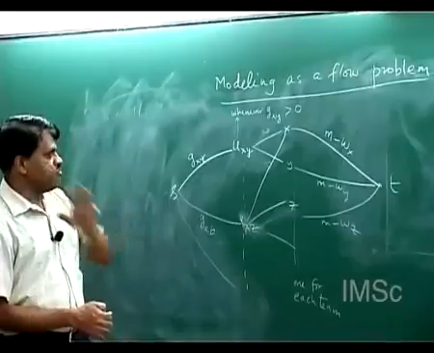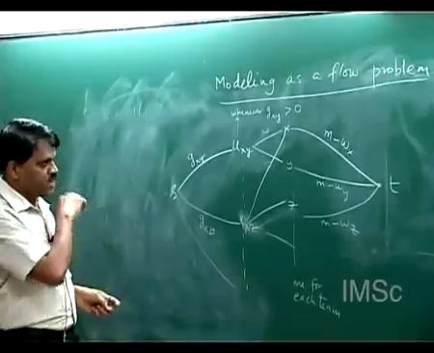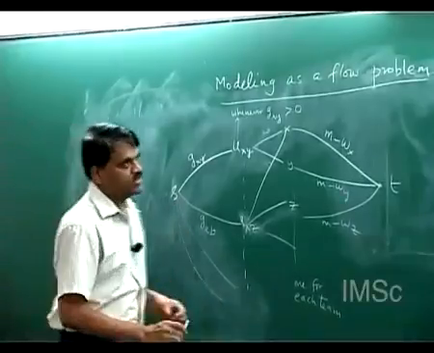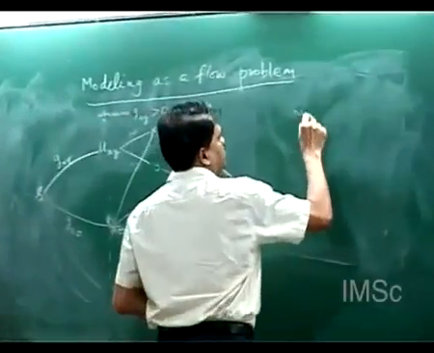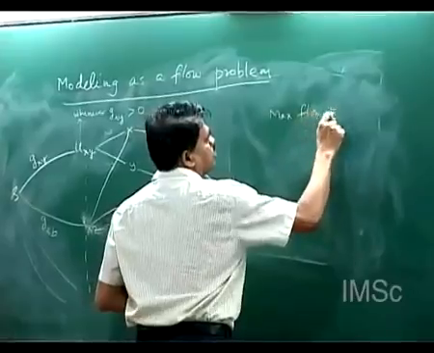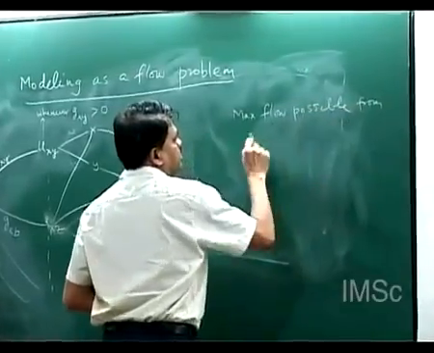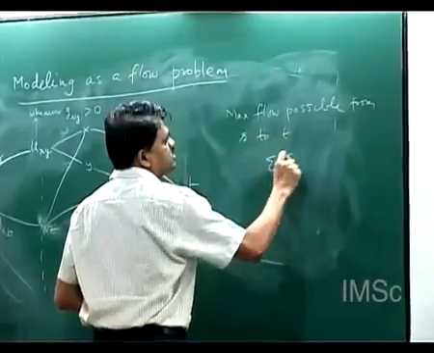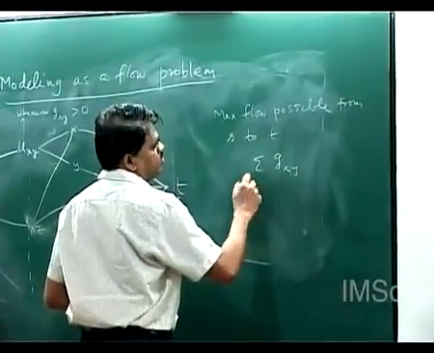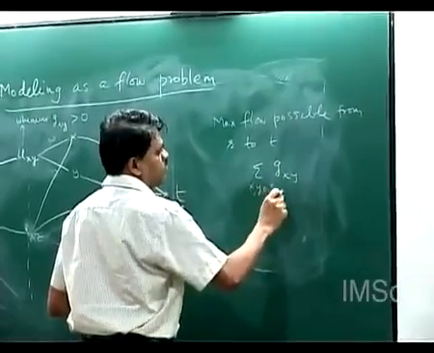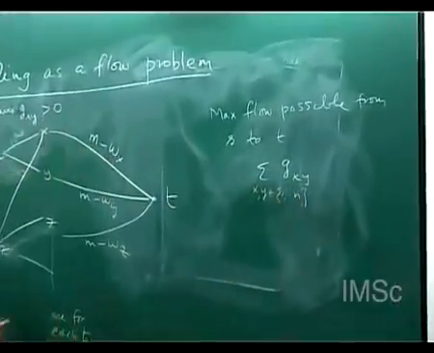So, now what is the maximum flow possible? If you look at this, the maximum flow possible from S to T is summation g x y, right.